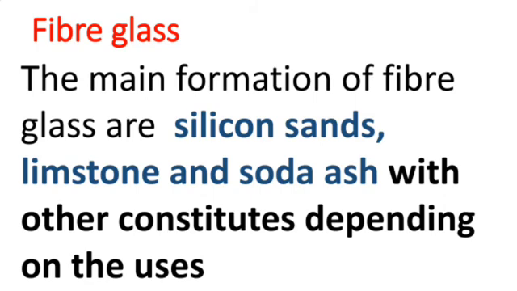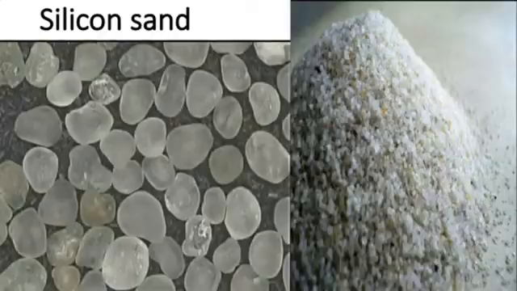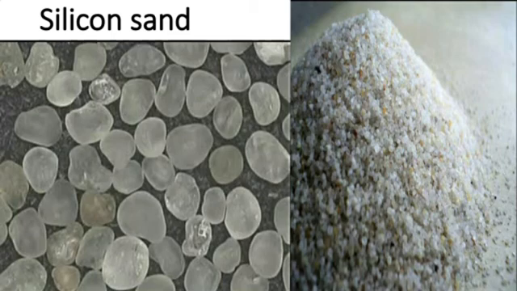Now, depending on the kind of fiberglass, depending on the uses, other materials can be added to it. Now let's check them. Silicon sand, this is how silicon sand looks like, a stone. It is a quartz stone.